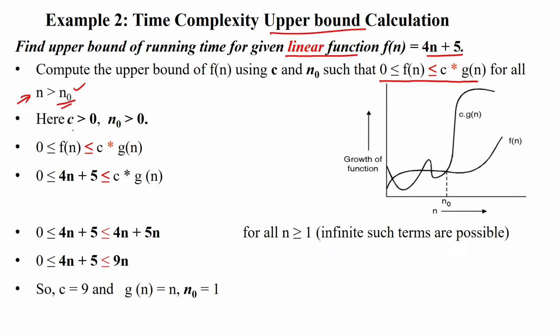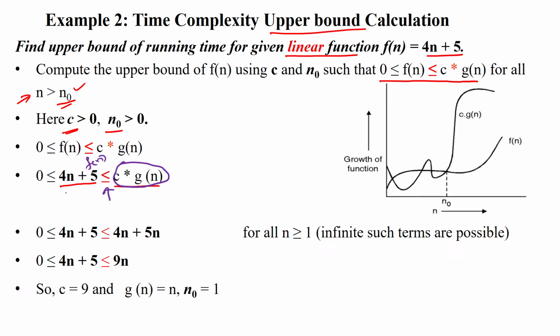We have to compute c and n0, which are always positive values greater than 0. Given f of n is 4n plus 5, the right hand side c into g of n should always be greater than or equal to 4n plus 5.